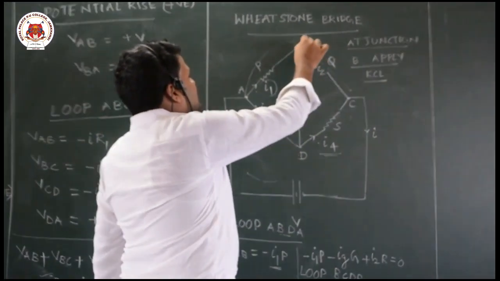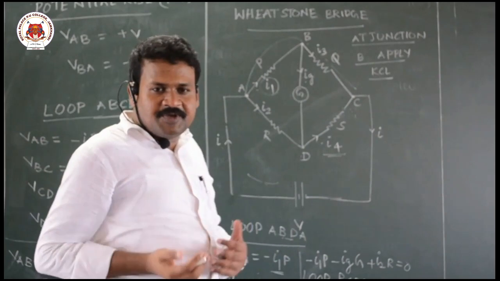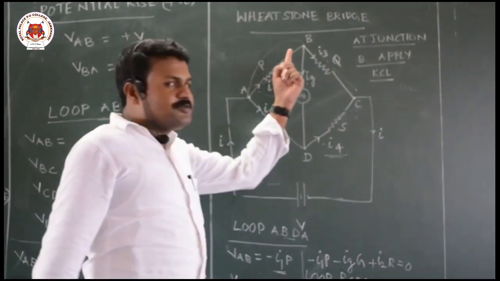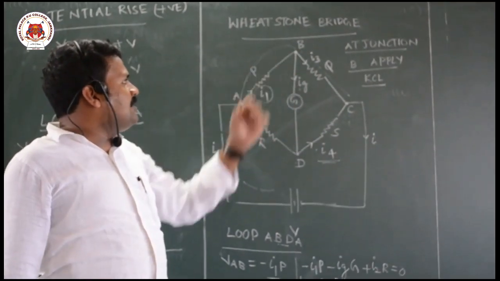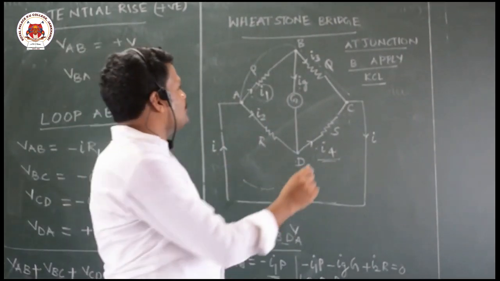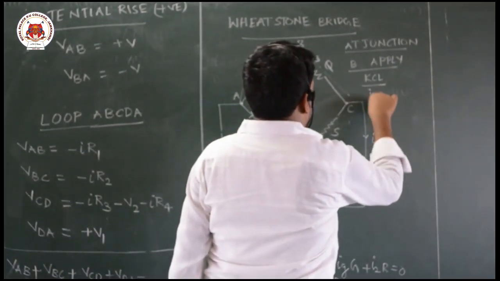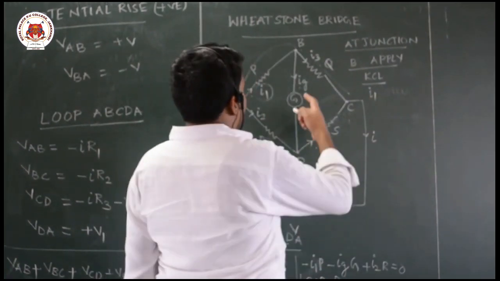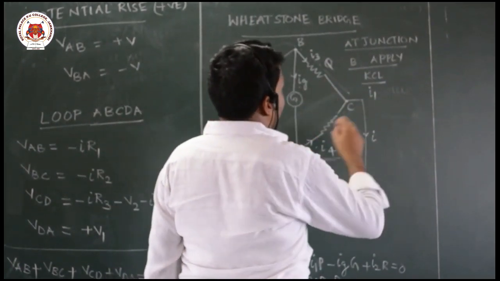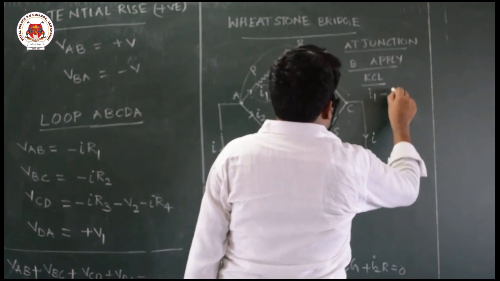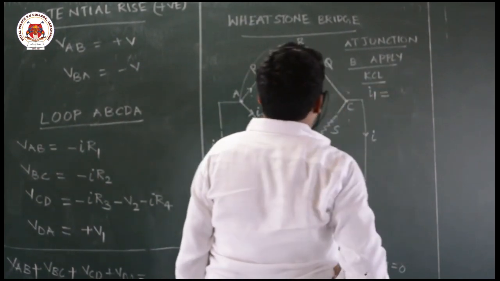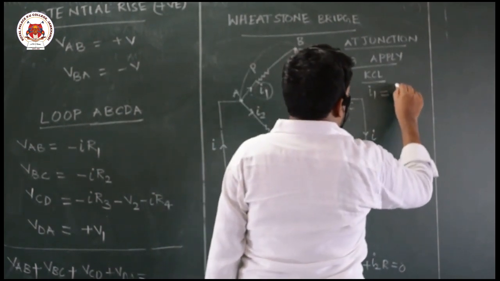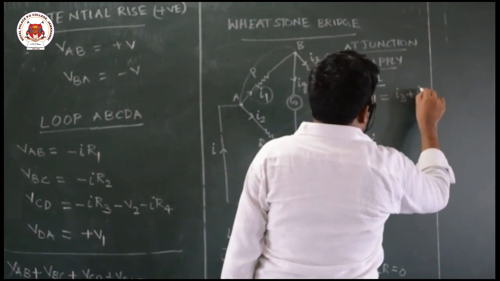You stand at junction B and observe what current is coming and what current is going. I1 is reaching B, so I1 is positive. I3 and Ig are leaving, so minus I3 and minus Ig. Otherwise, incoming current is equal to outgoing current: I1 is equal to I3 plus Ig.